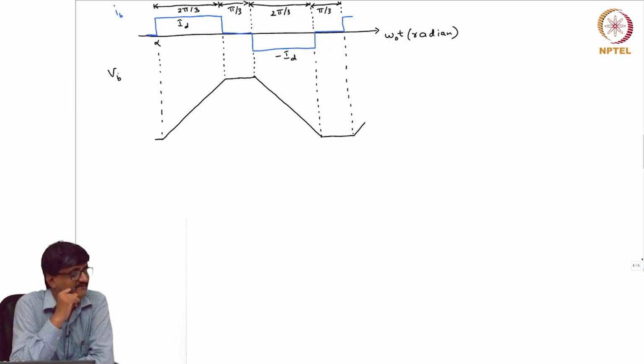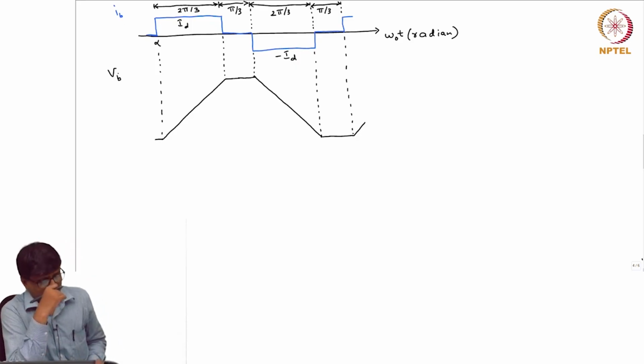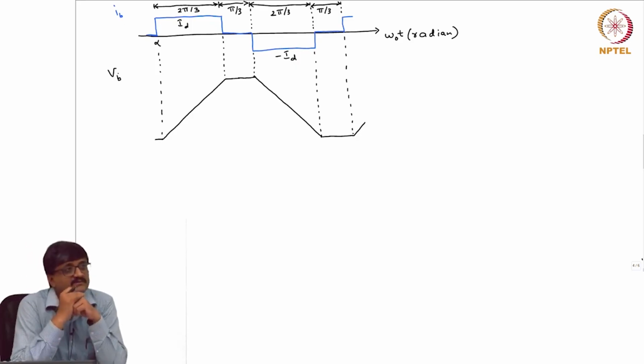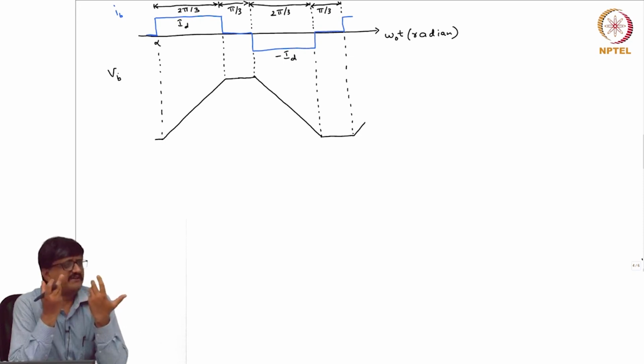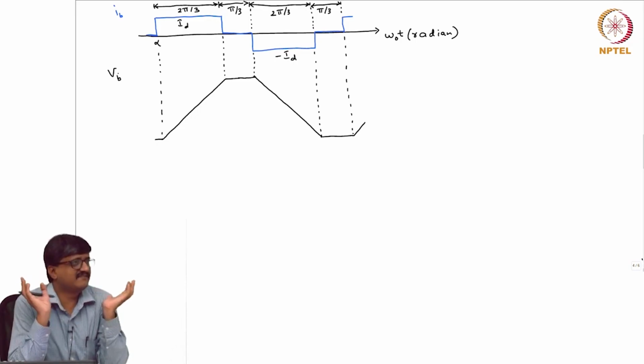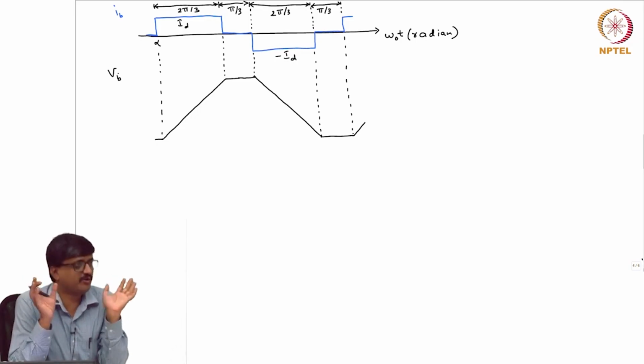Because IB is symmetric across the x-axis. No, I say when I know the current through the capacitor, I need not worry about anything else in the circuit. IB is known to me.